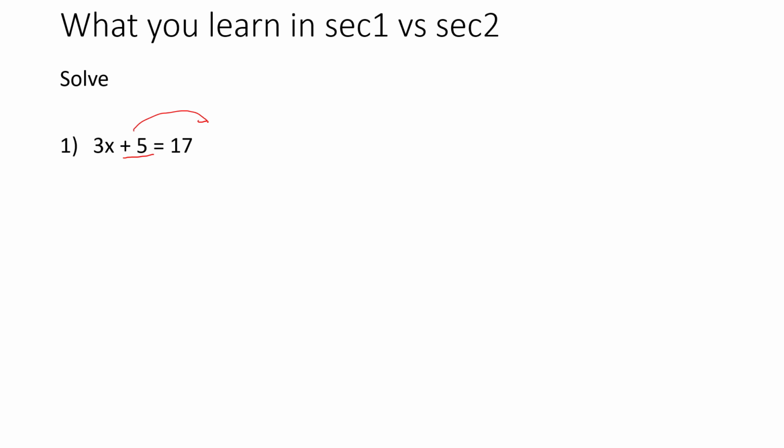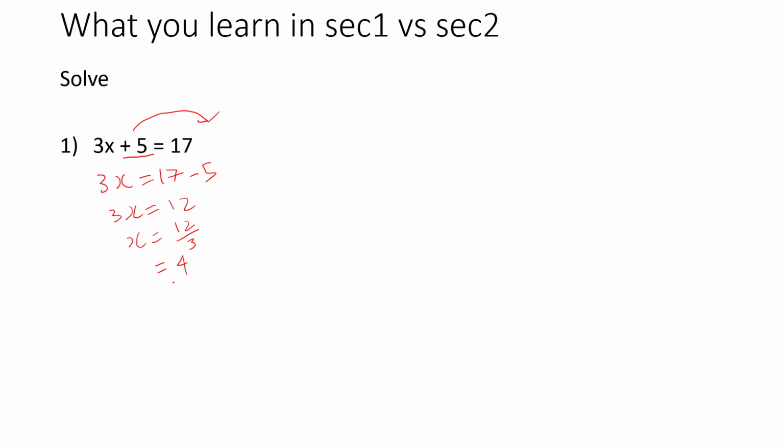So plus 5, I move over, it's supposed to become negative 5. And we will end up with 3x is equals to 17 minus 5. 3x will be equals to 12. And if I move the 3 over, because this is times 3, I will get x is equals to 12 divided by 3, which is equals to 4.